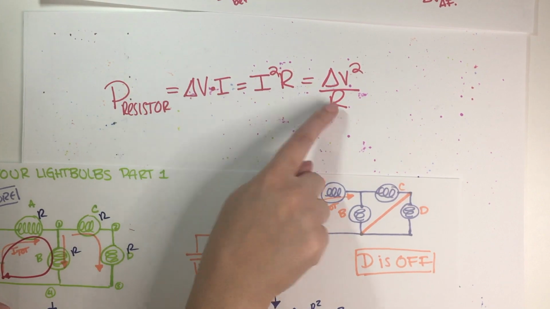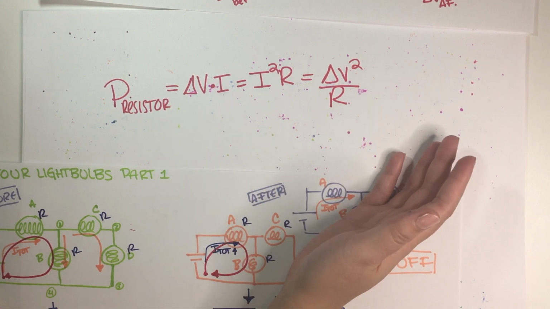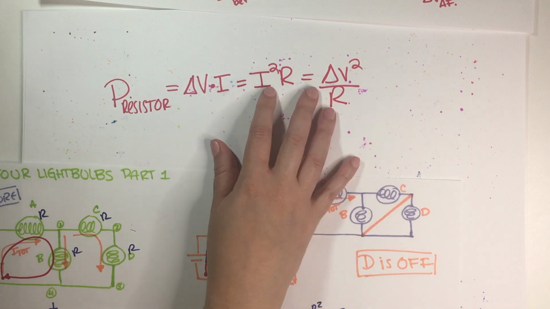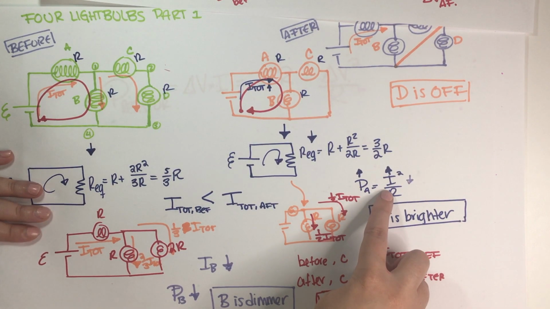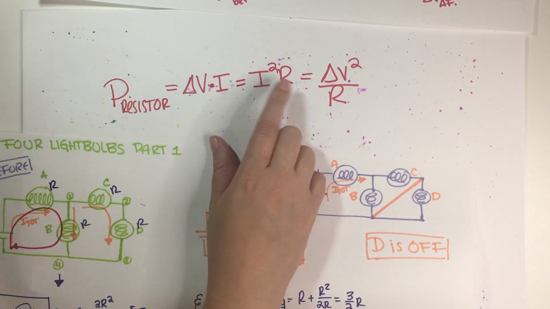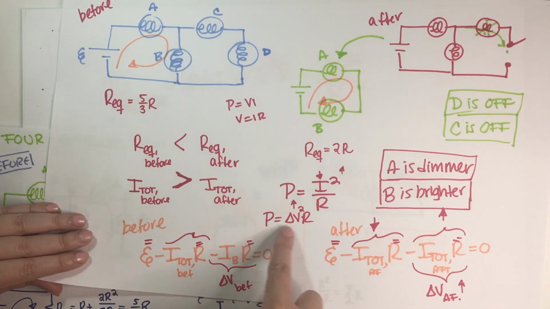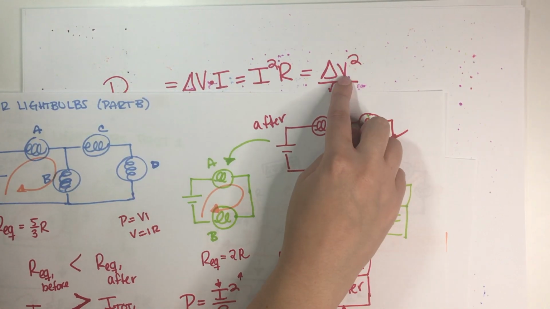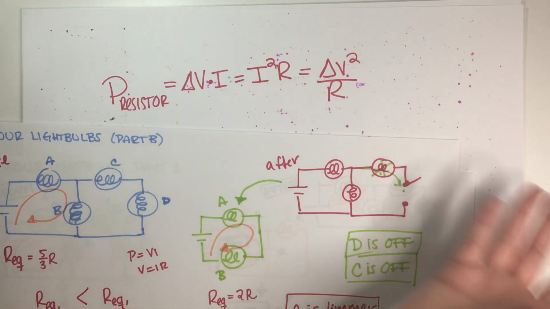We are given 3 equations for the power dissipated by a resistor, and whenever I solve these problems, I just remember all of the equations. But it seemed that I remembered an incorrect equation because I used I squared divided by R instead of I squared multiplied by R. And then in the end, I also used delta V squared multiplied by R instead of delta V squared divided by R, which essentially means that I flipped these R's.